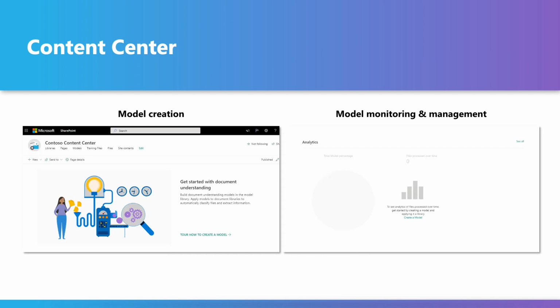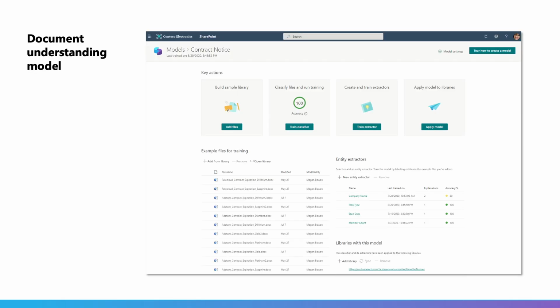The Content Center is a new site template that we provide. Again, it is not available through self-service site creation. It is actually managed by the administrator. But this Content Center site template is unique in that it creates some special libraries for the creation and management of these document understanding models. One of the things that it does is it provides a new training interface.